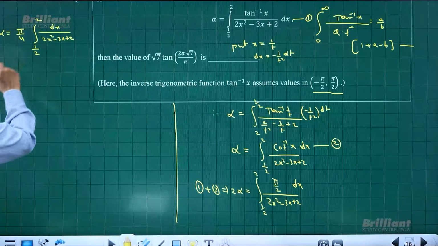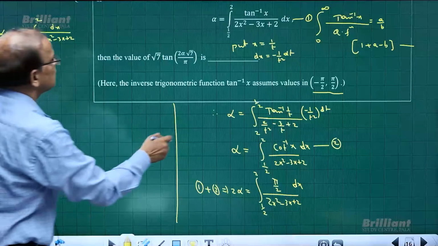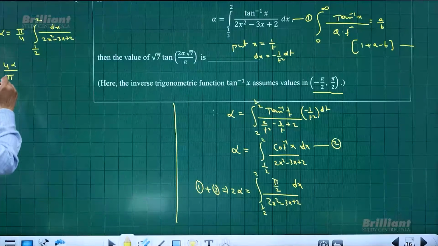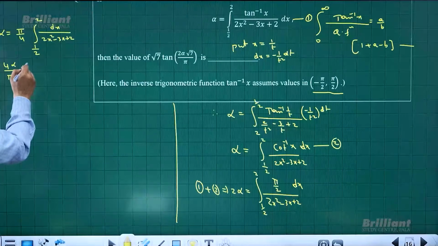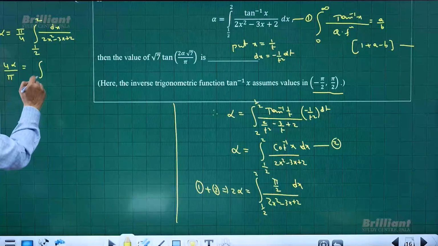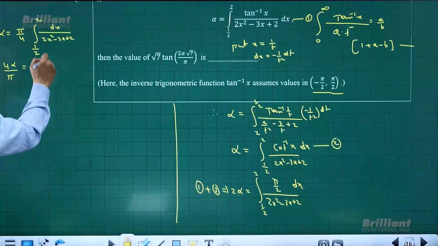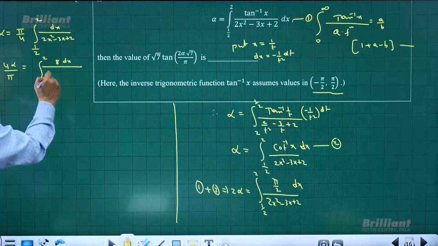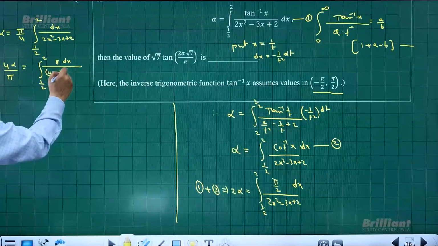Now what is being asked is 4 alpha by pi, so we put alpha here. This is equal to the integral from 1 by 2 to 2 of 8 dx by the derivative form, 4x minus 3 whole square.